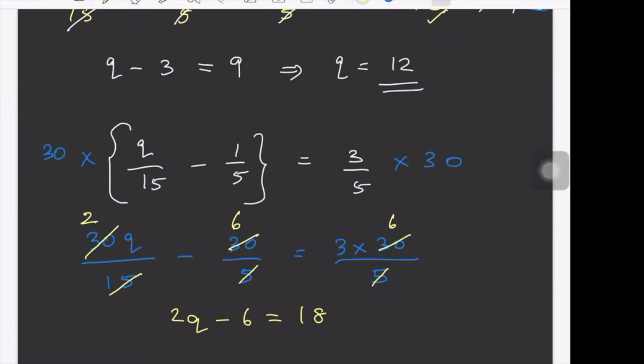All right. So if we had chosen any other common multiple, then also we could have got rid of the fractions.